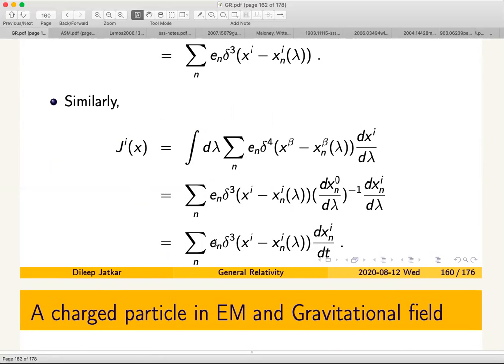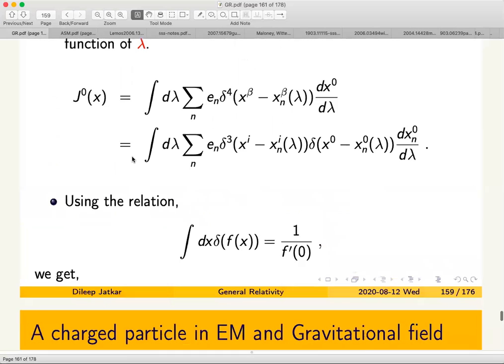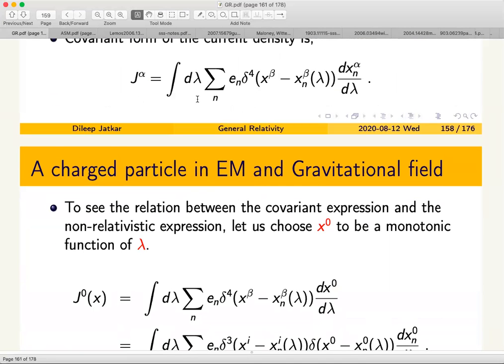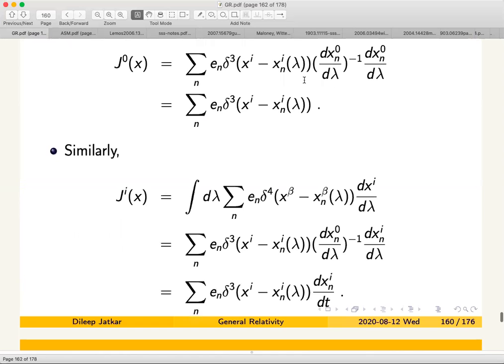And that gives you back the original current density that we have written down. So the upshot of this is that this covariant form of the current is the same as the non-covariant pieces that we had written down earlier.